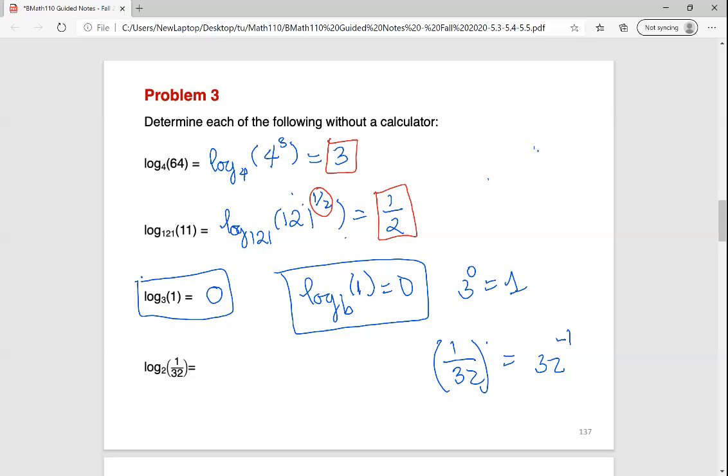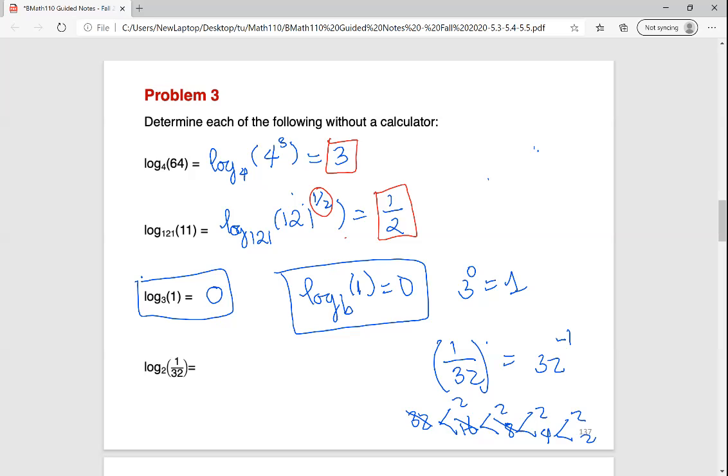So 32, I know that 32 divided by 2 will be 16, and 16 divided by 2 is 8, and 8 divided by 2 is 4, and 4 divided by 2 is 2, right?